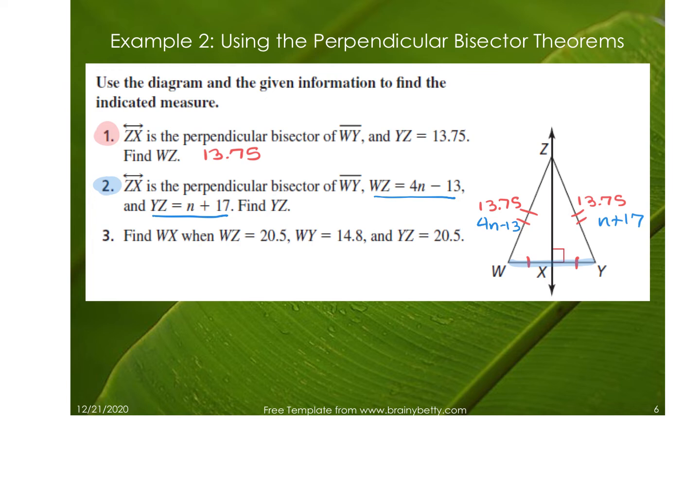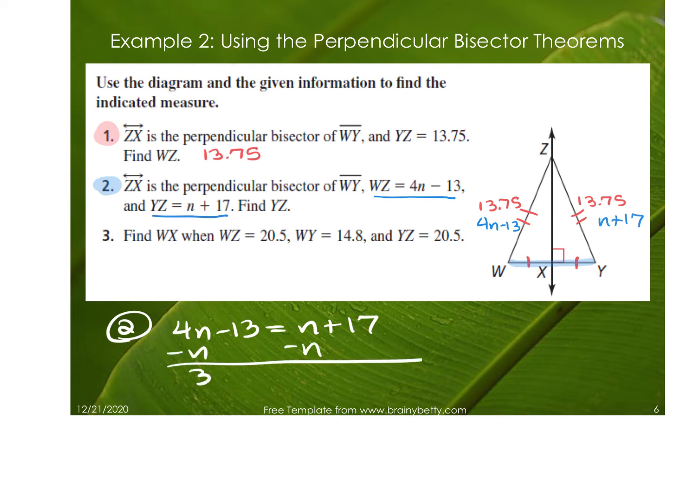So to solve this, I'm going to set them equal to each other, combine my like terms, and solve for n. So for number 2, I'm going to be setting 4n minus 13 equal to n plus 17. I'm going to combine my like terms by subtracting n from both sides.